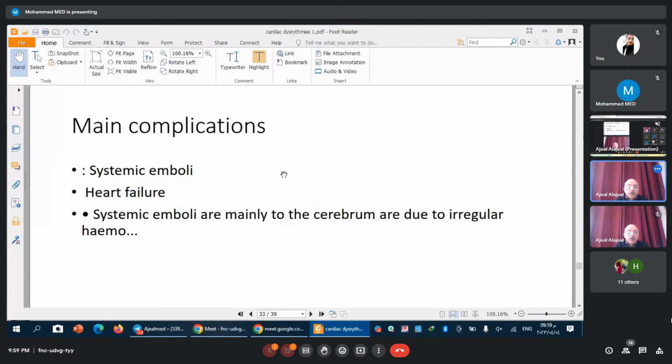Because he will lose the 25% of the pumping action of the heart, which is usually done by the atria. Systemic emboli are mainly to the cerebrum, and are due to the irregular heart. Yes. Next slide, please.